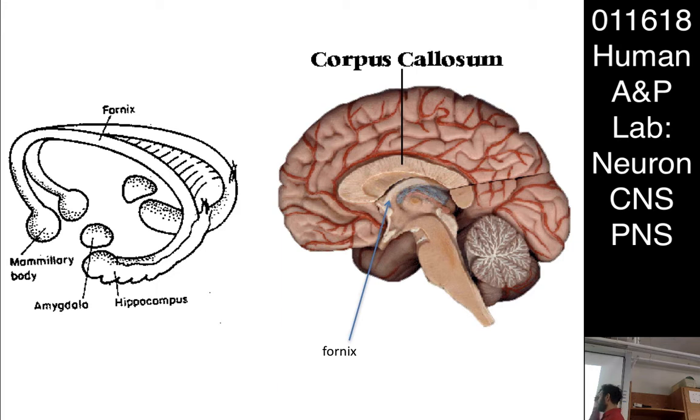There is this thing called the fornix right here. And it's kind of hard to show what the fornix is. You can see a little bit of it right here beneath. So looking at the transection, the uppermost structure that you're going to see here is the corpus callosum. Then there's this sort of hollow area which is filled with something called the septum pellucidum, the pellucid septum or pellucid membrane.